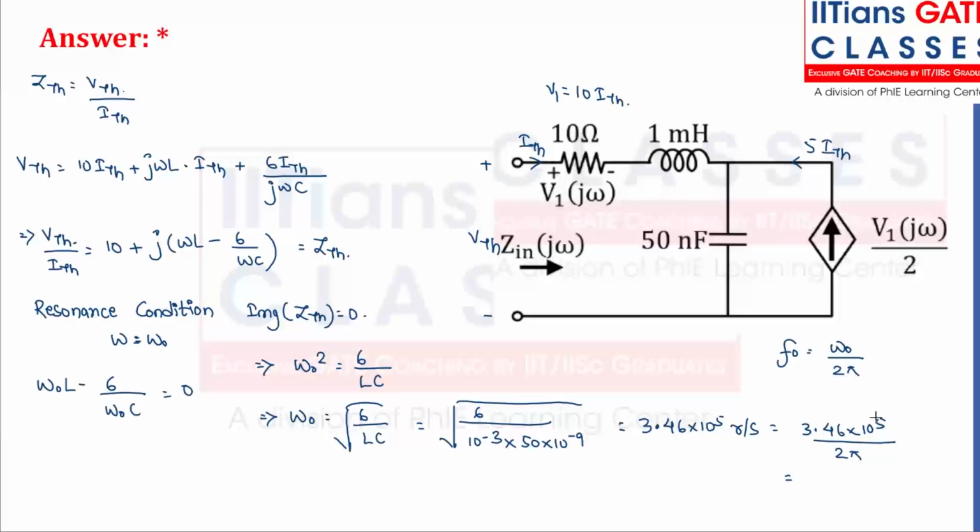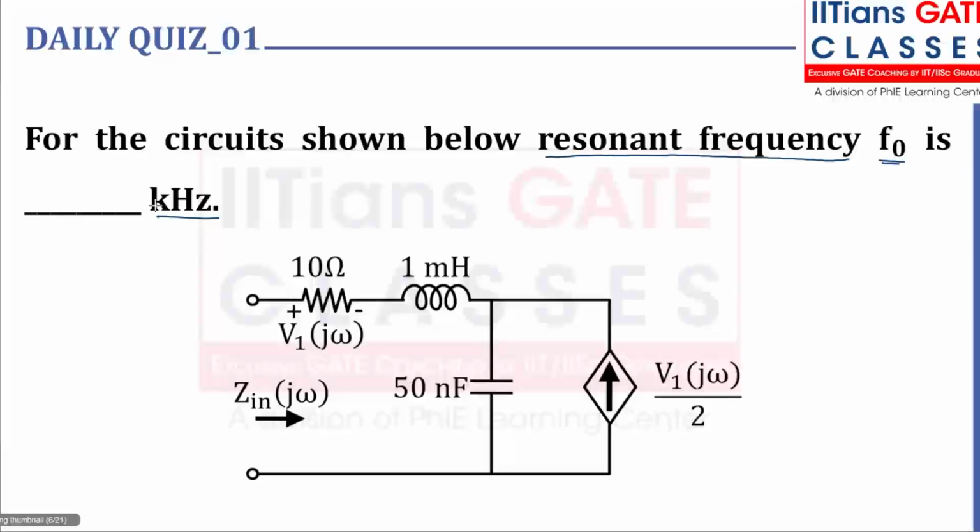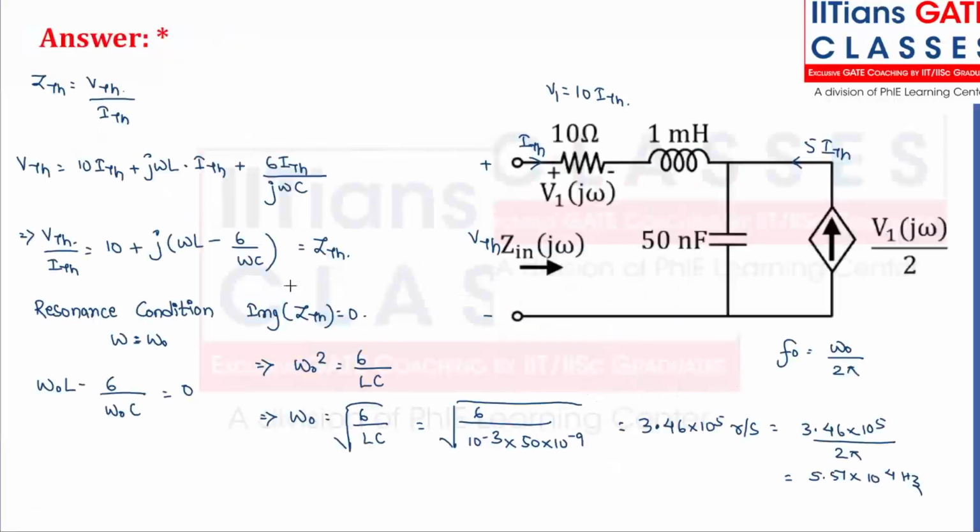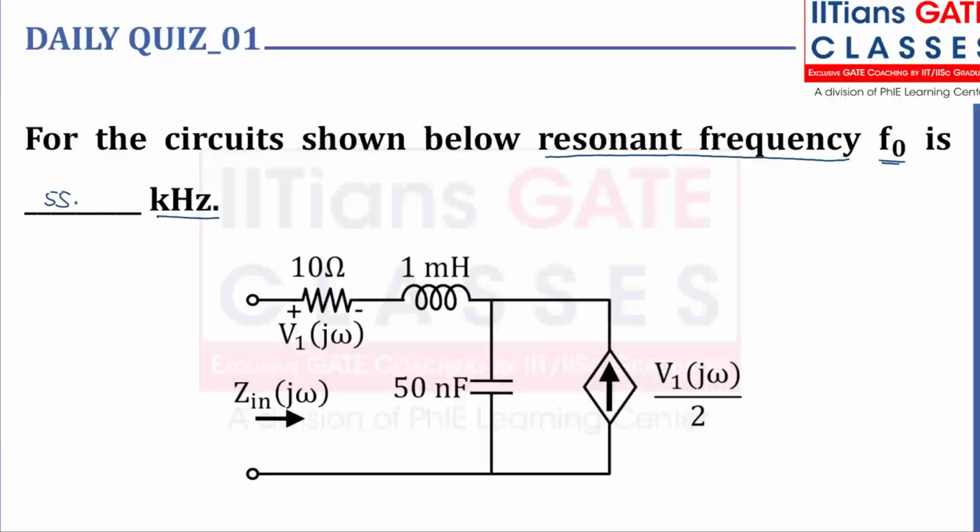If we put this value in the calculator, we get 5.51 into 10 to the power 4 hertz, or if I write this in kilohertz, because it is given in the question, this is going to be 55.1 into 10 to the power 3 hertz, or 55.1 kilohertz. So this is my answer of this question.